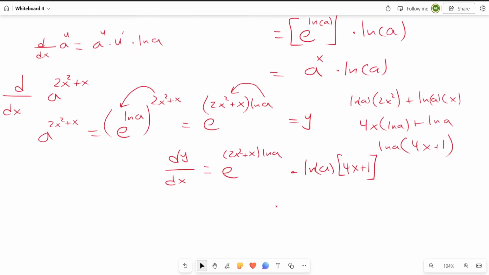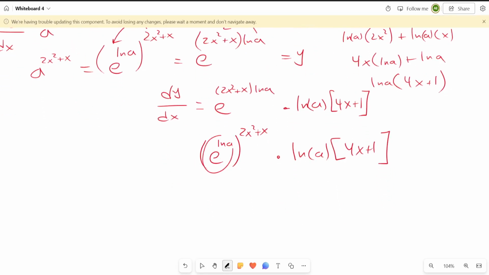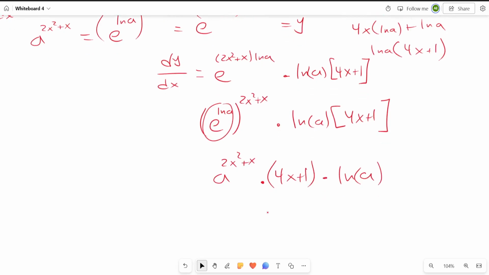So again, I can rewrite this part as e to the power of ln of a, all to the power of 2x squared plus x, and then multiply ln of a times 4x plus 1. So this part is equivalent to a to the power of 2x squared plus x, and then multiplying 4x plus 1 first, and then multiplying ln of a, and this is the same as what I told you.